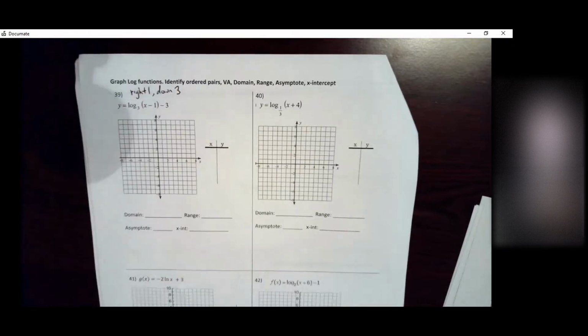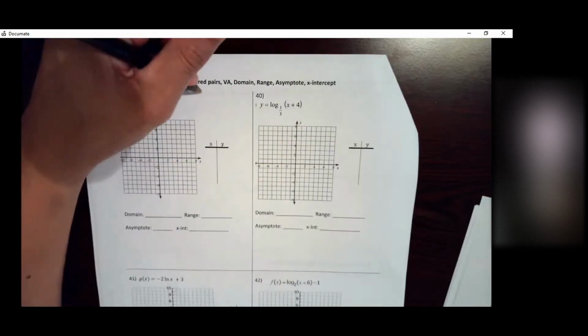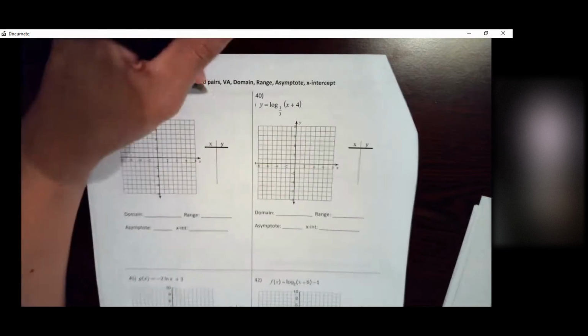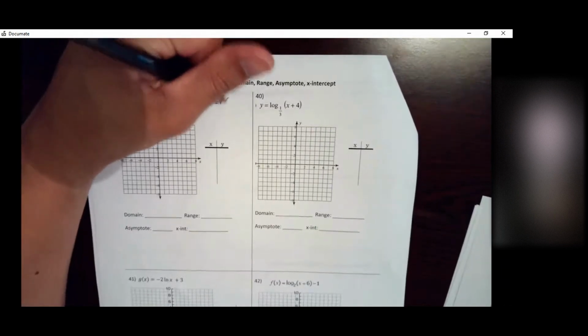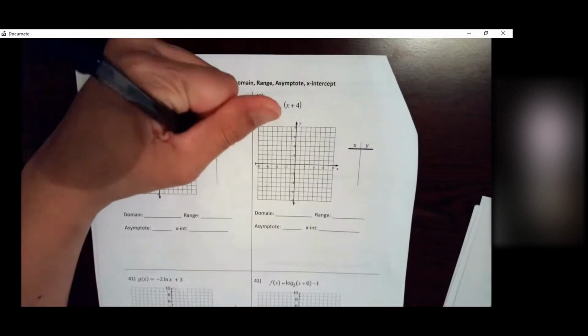Yeah. Okay. So our vertical asymptote is 1. Mm-hmm. Okay.